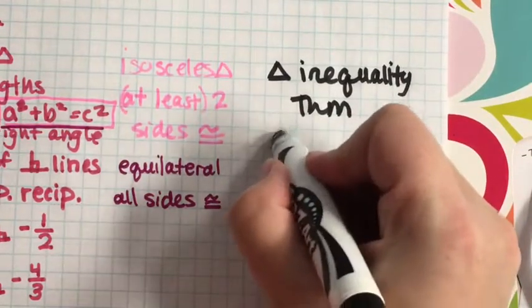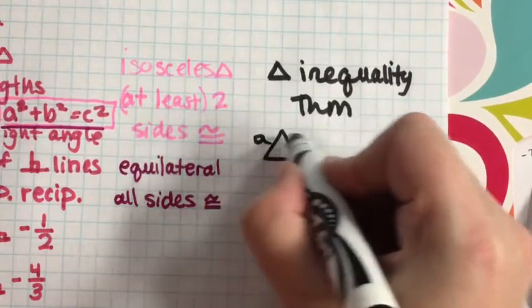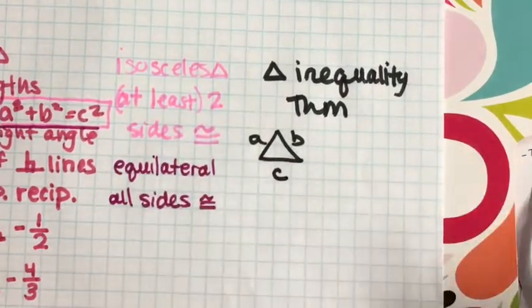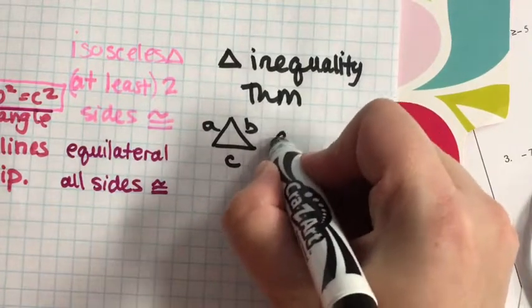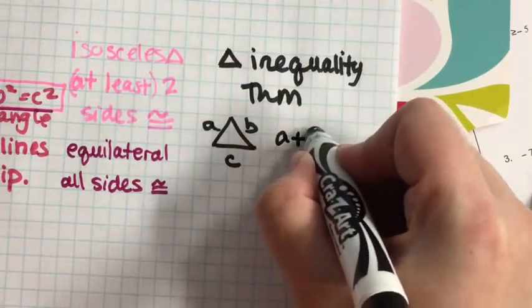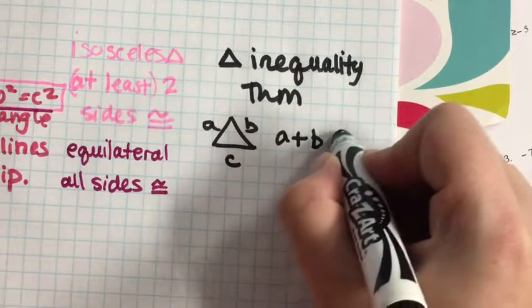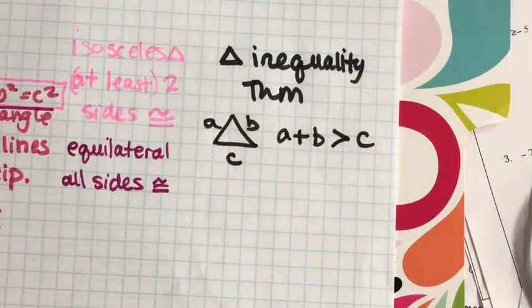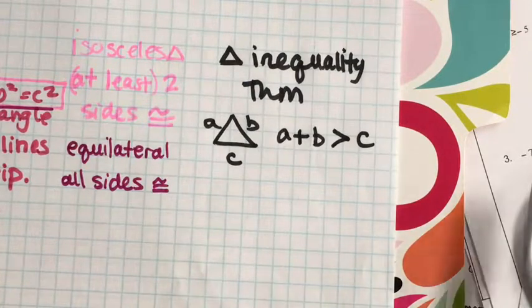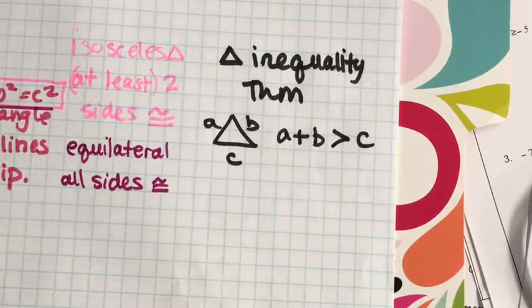With a triangle, I'm going to call one side A, one side B, and one side C. In order to make a triangle, 2 of the sides, when you add them up, have to be greater than the third side. If it was not greater than the third side, it would not make a triangle.